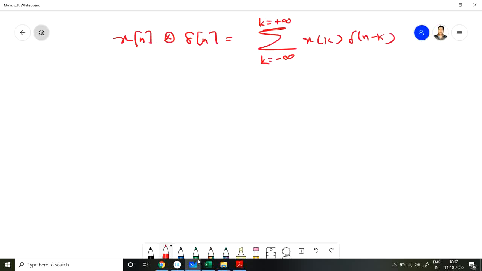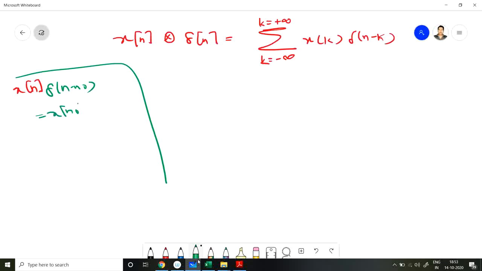Now we can apply the property here. What is the property? If we have x[n] multiplied by delta[n minus n naught], then it is equal to x[n naught] delta[n minus n naught]. So this is our property.